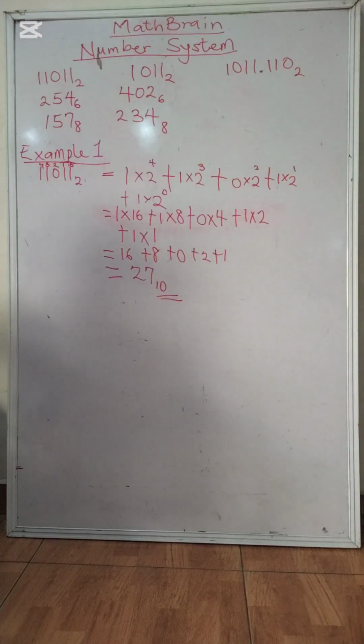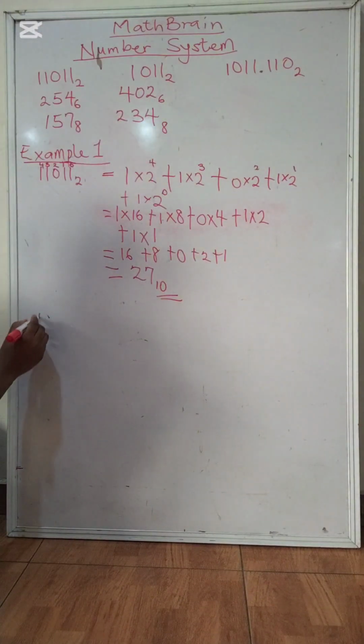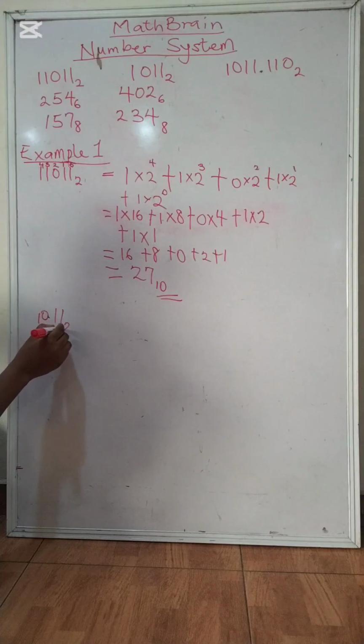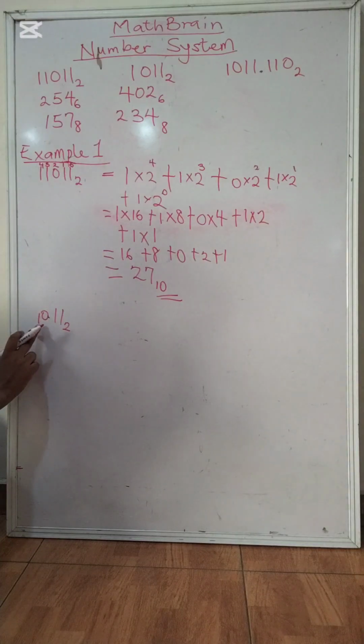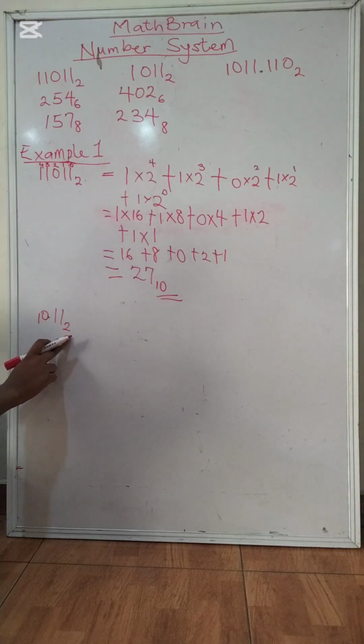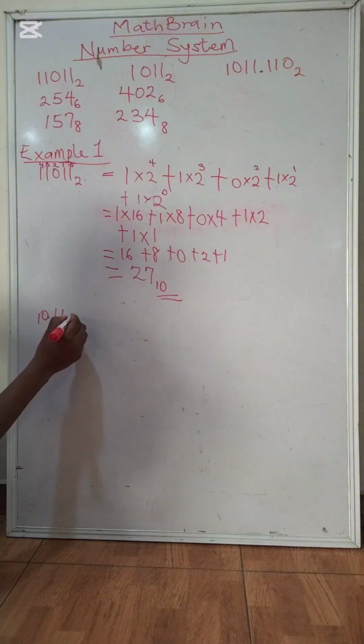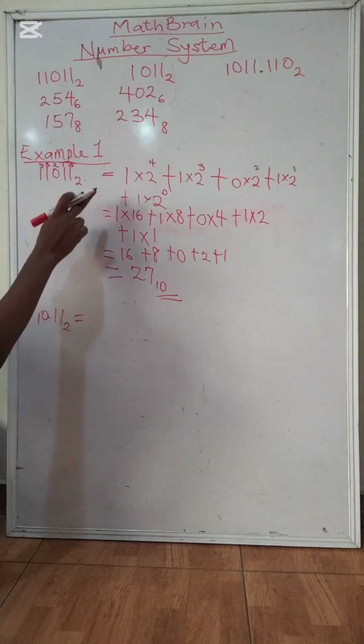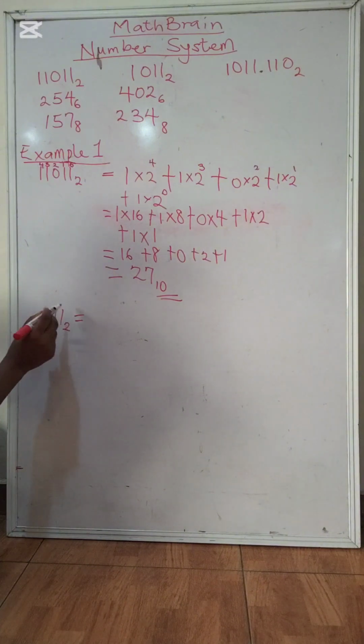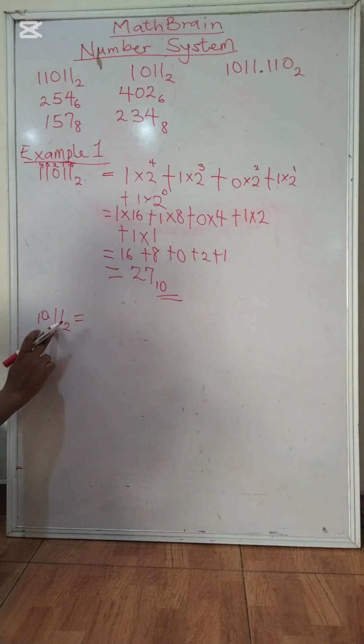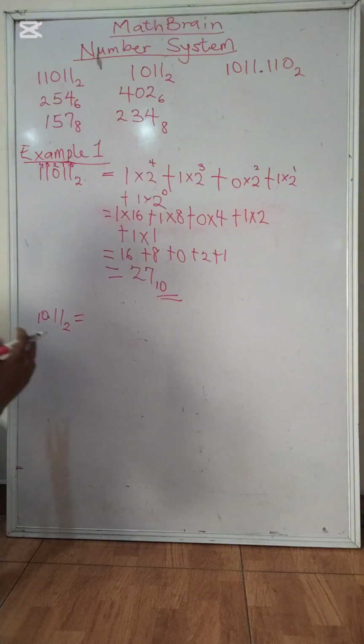Alright, so the next example we have here is 1011 in base 2. We want to convert 1011 base 2 to a number in base 10, and we'll just follow the previous example. First of all, we assign powers to each of the digits here, starting from 0 and starting from the right hand side.